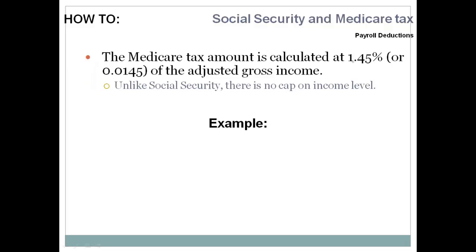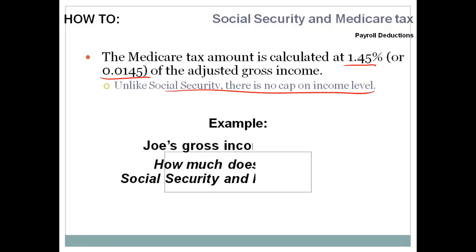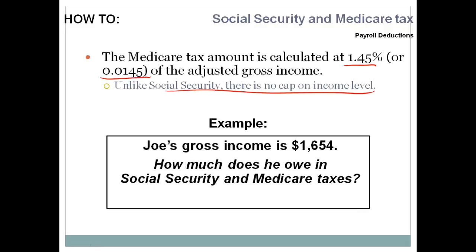And Medicare is always 1.45%, which is 0.0145 of the adjusted gross income. Unlike Social Security, there's no cap on the income level for Medicare, so you pay Medicare on every penny you earn. Joe's gross income is $1,654. How much does he owe in Social Security and Medicare taxes?